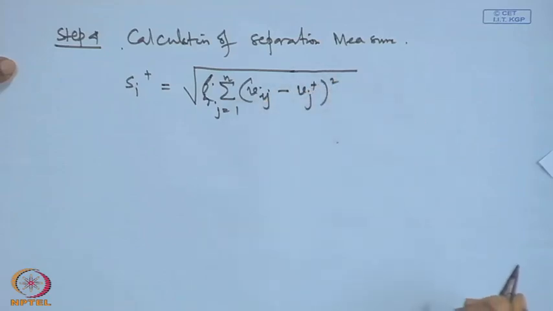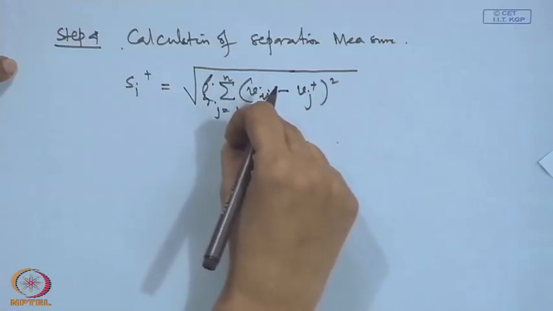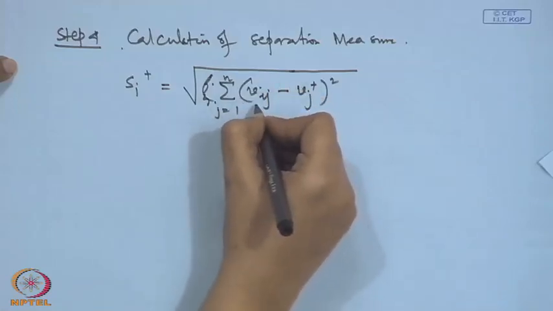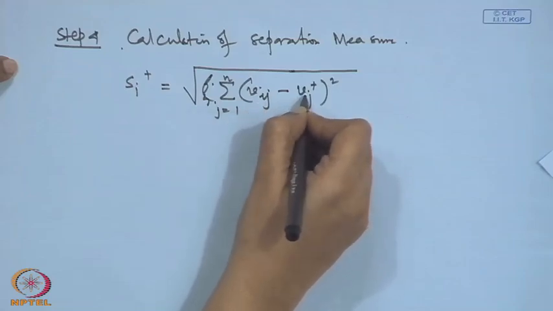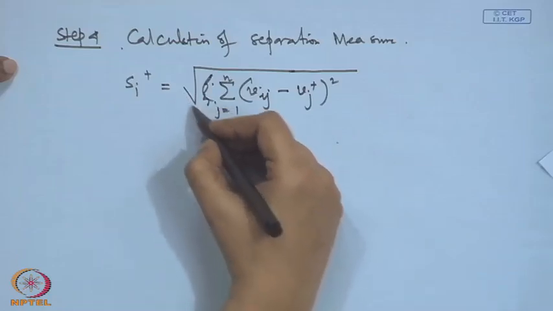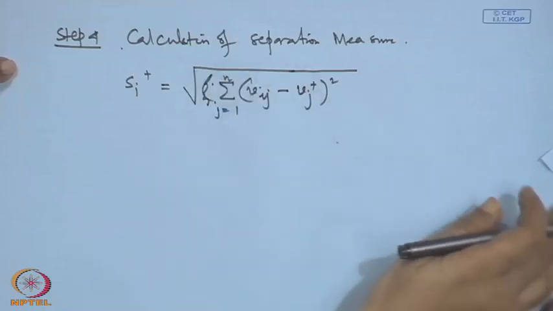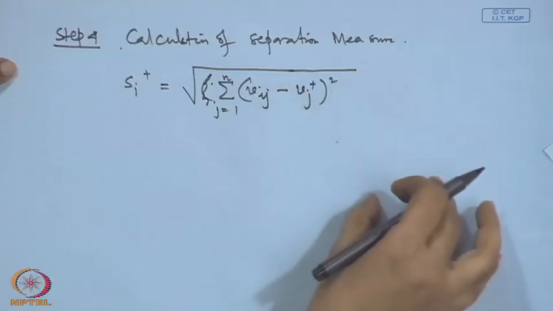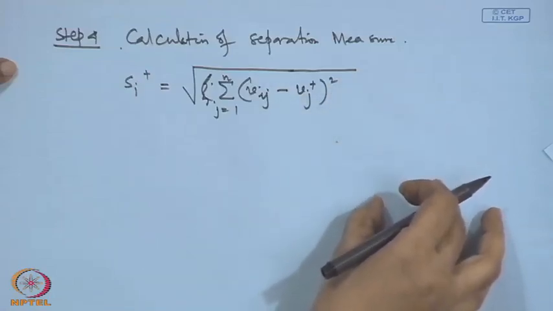That means we are considering the distance between each element of the normalized matrix and the ideal point, and we are taking the square of it and then the root of it. It gives us the value of how far the overall decision matrix is from the ideal solution.